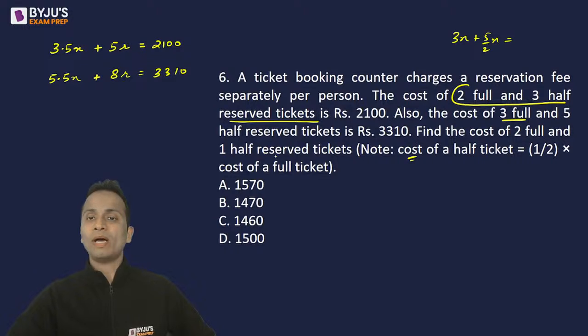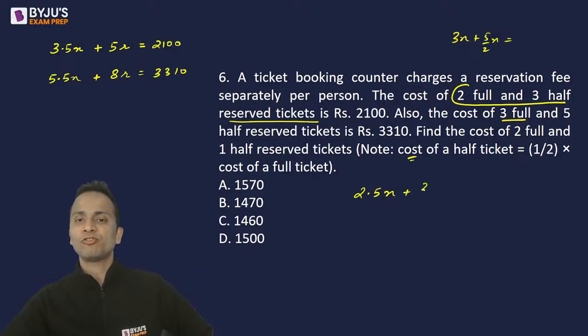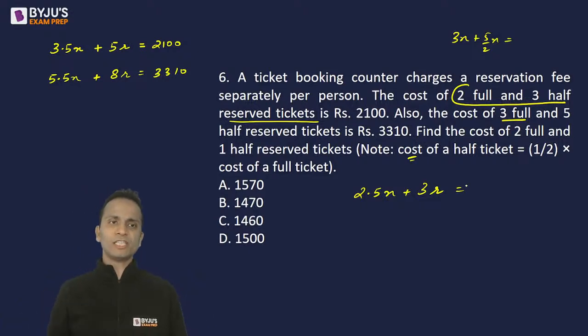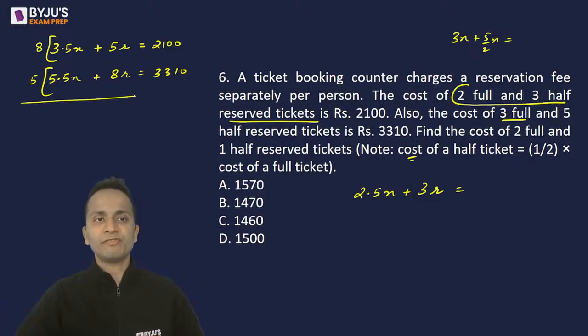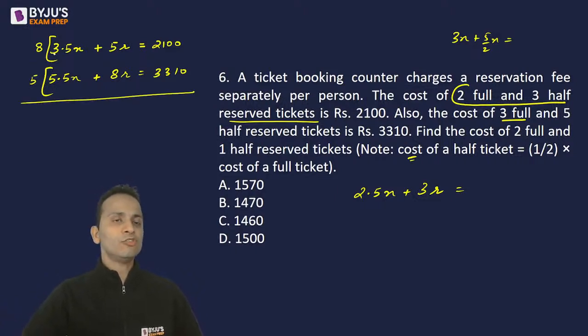So 2 full, 1 half means 2.5x plus 3R. This is what we have to find out. For this, we need to find the value of x and R. So these are linear equations in 2 variables. I'll eliminate R first of all: multiply the first equation by 8 and the second equation by 5. So 8 into 3, 24, 28x minus 27.5x, that is 0.5x.